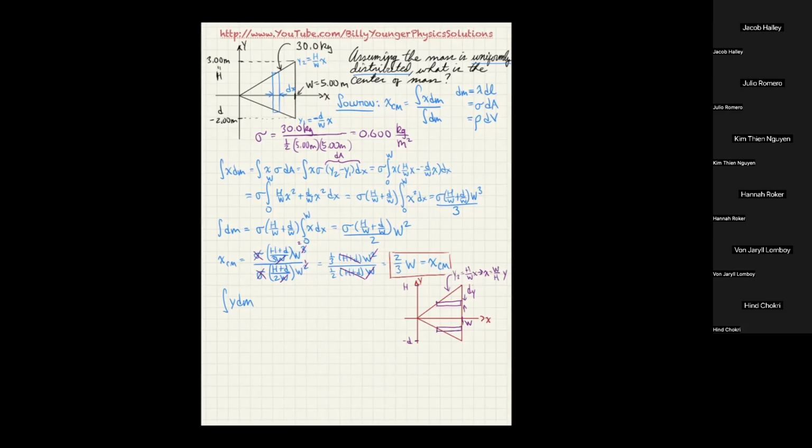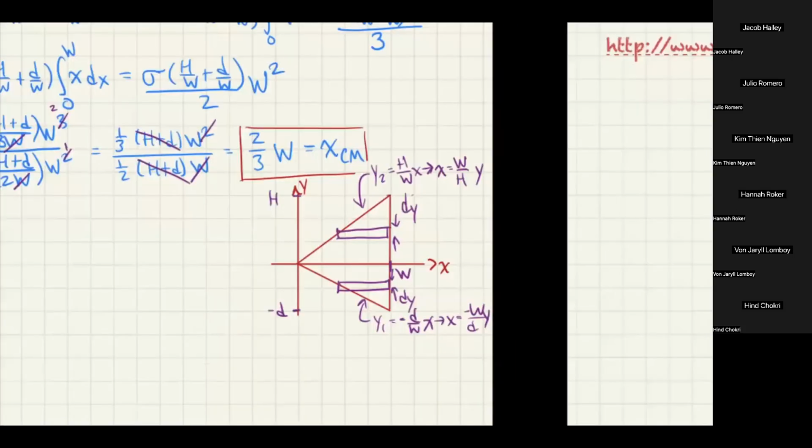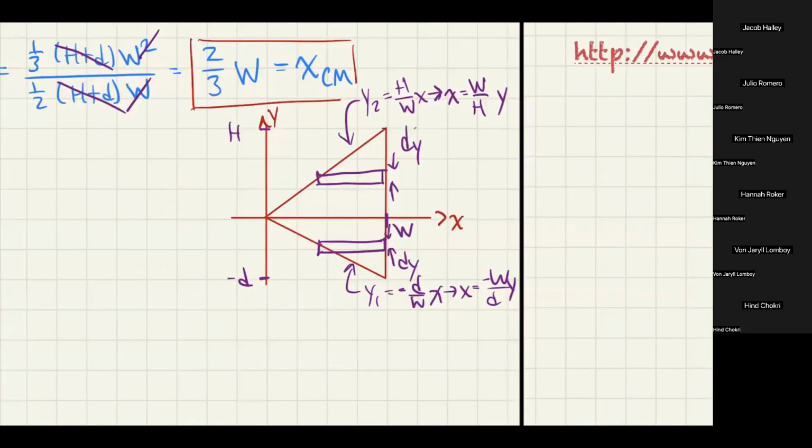So again, I get dy, and this function, which was y1, equal to negative d over w x, is going to become x equals negative w over d times y. And I couldn't have made that any smaller, so let me fix that a little bit.